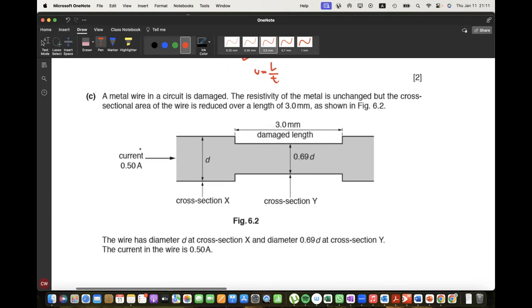Okay, now you have current, diameter, another diameter, the length of the damaged part. The wire in the circuit is damaged. Now something is damaged. Density no change. Cross-sectional area will reduce over this, so this is a new diameter.